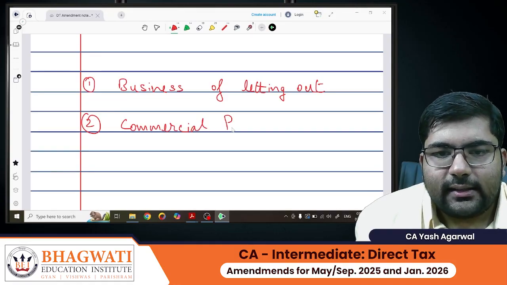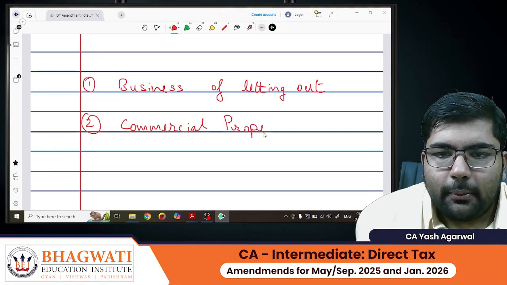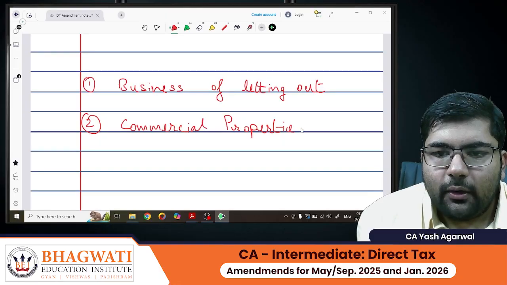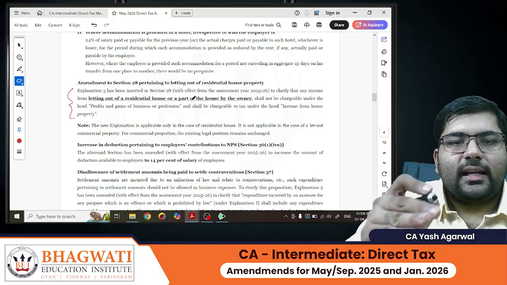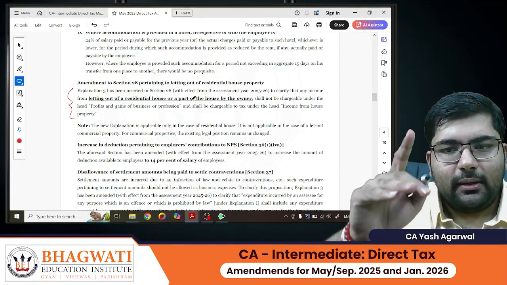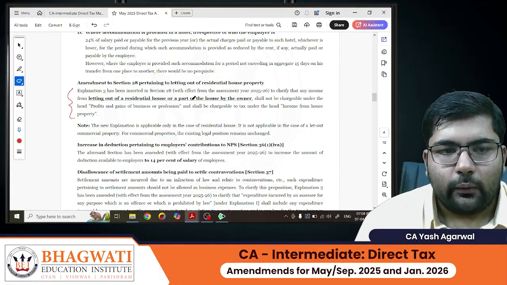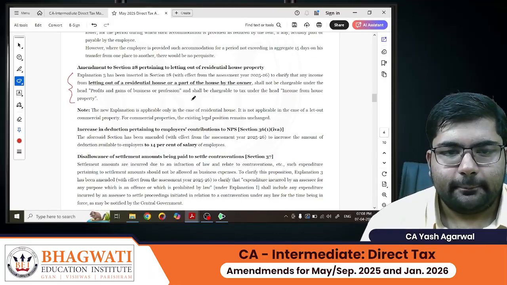Only in this case will the income from these properties be taxed under the head profits and gains of business or profession. In another case, if the property is a residential house property, it will be taxable under the head income from house property only. That is what this amendment is saying.